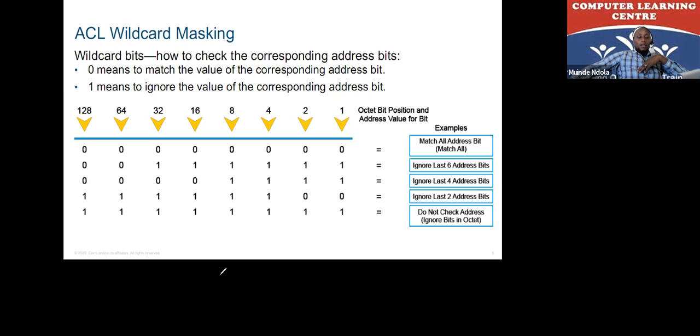So in that case, to get the wildcard mask, I normally say take 256 minus the mask. It will give you the range. In this case, it will be 255 minus 128, which will give you 127. So you can have a wildcard mask of 0.0.0.127.